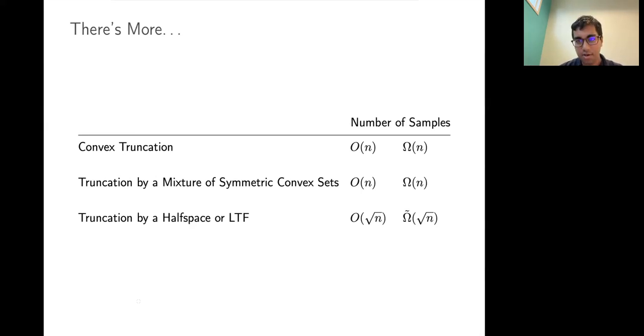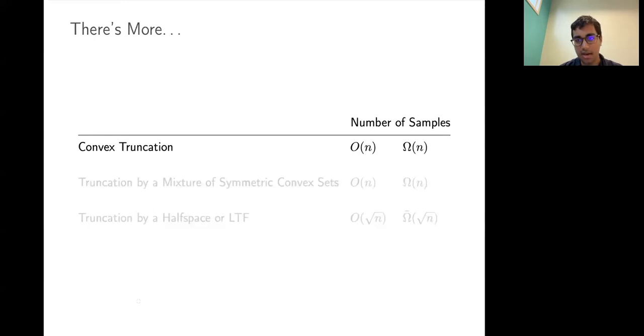And for the rest of this talk, I'm only going to focus on the first item, which is testing convex truncation. I'm not going to talk much about the lower bound, so let me just say one quick sentence about it. The lower bound is information theoretic, and it boils down to a problem in random matrix theory. So it's a nice clean connection, and it's not very difficult, but it's a little technical.